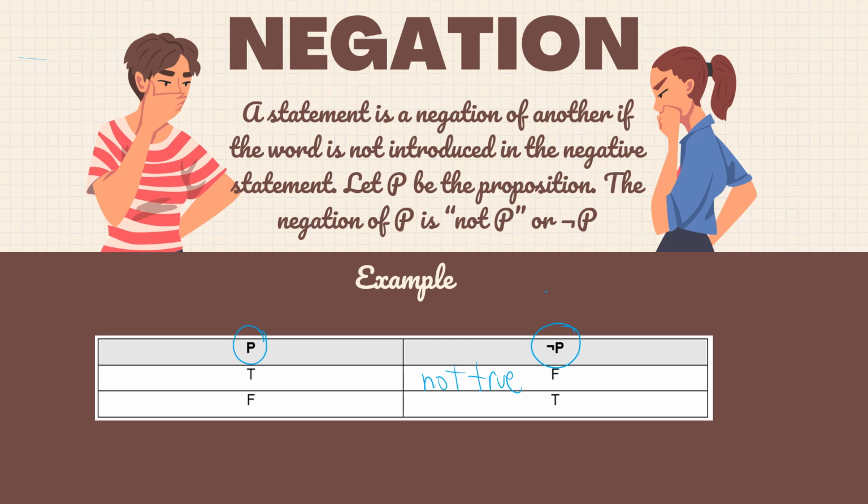If we negate that proposition, we can say it's not false. Or simply we can say it's true. So this is an example of a truth table. It means we can determine the truth values in terms of true or false propositions.